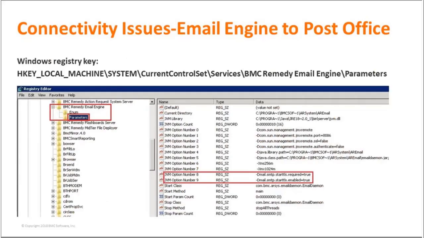Now here we see an example of the registry key for the BMC Remedy email engine service, showing the parameters subkey where the TLS parameters for SMTP were added. In this configuration, we have the SMTP TLS parameters indicating that TLS is both required and enabled. As you can see, they are JVM options that are added and specified.